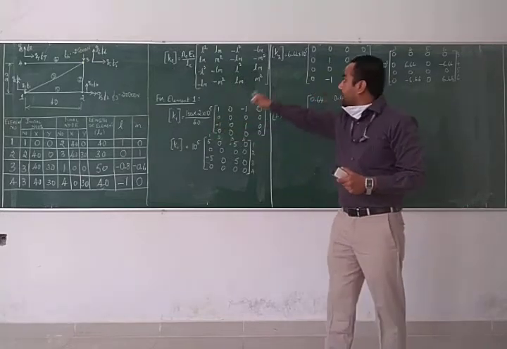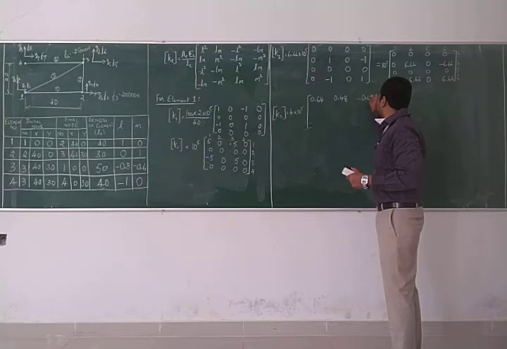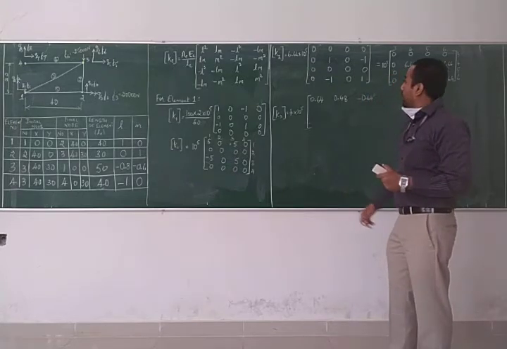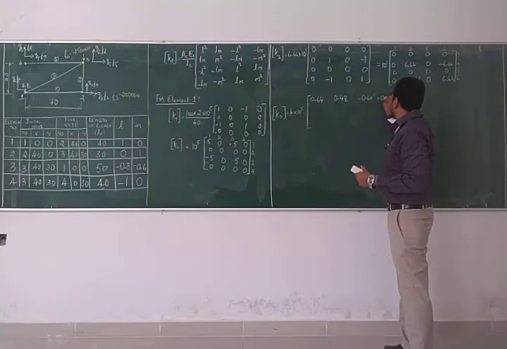Next, minus l square is minus 0.64, and lm is minus 0.48.